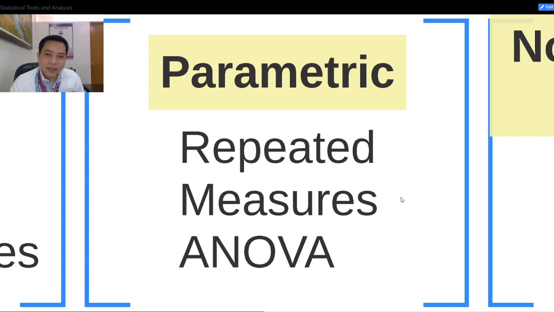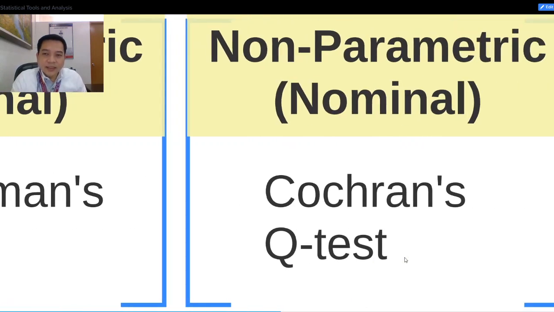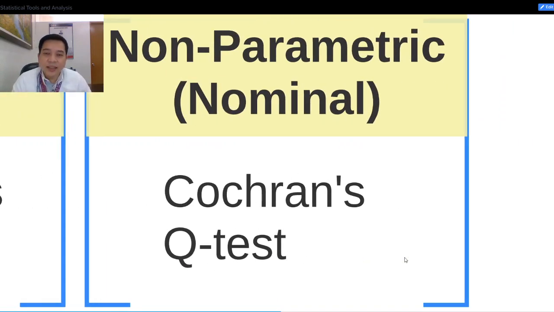If your data in the assessment are not interval ratio, but instead ordinal data, then you will be using Friedman's test. Again, it's Friedman's test. If your data are nominal, then you'll be using non-parametric, and the type of test will be Cochran's Q test.